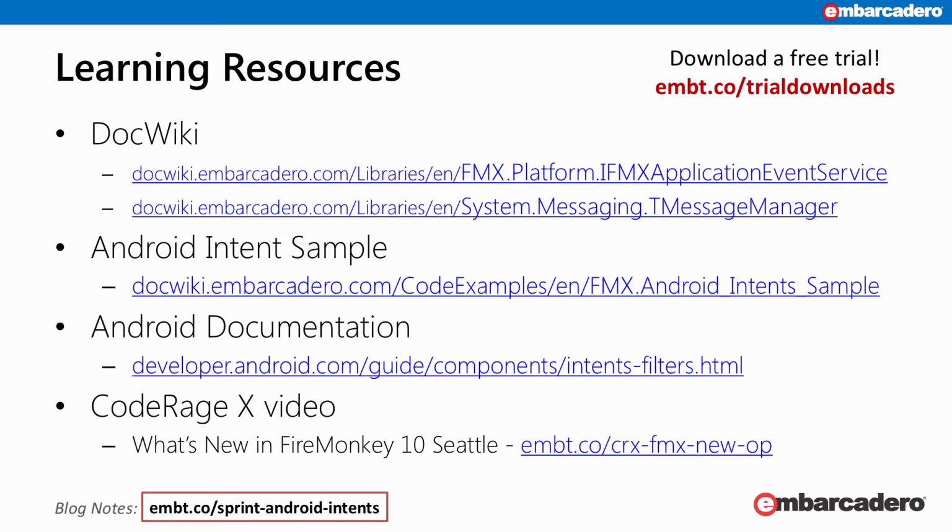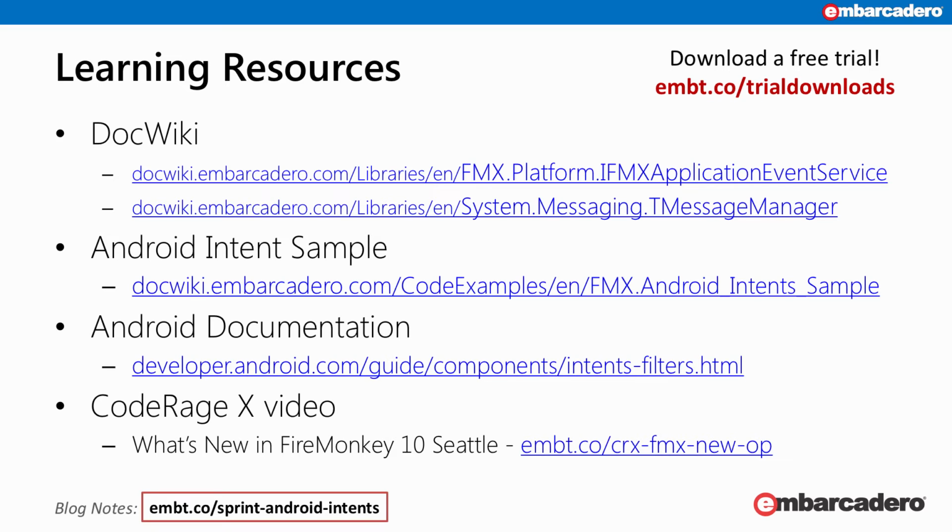Okay, and then, Jim, you'll be updating the blog page throughout the day, right? Yep, I did. I added all the learning resources you see here and a link to download the updated version of the sample code, which I showed in there so that you can download that. It shows how to handle the images. And I'll probably put some code snippets in there, for example, the code that I showed for receiving images. I'll be covering C++ on Thursday with Android Intents, and we're going to use this common URL.